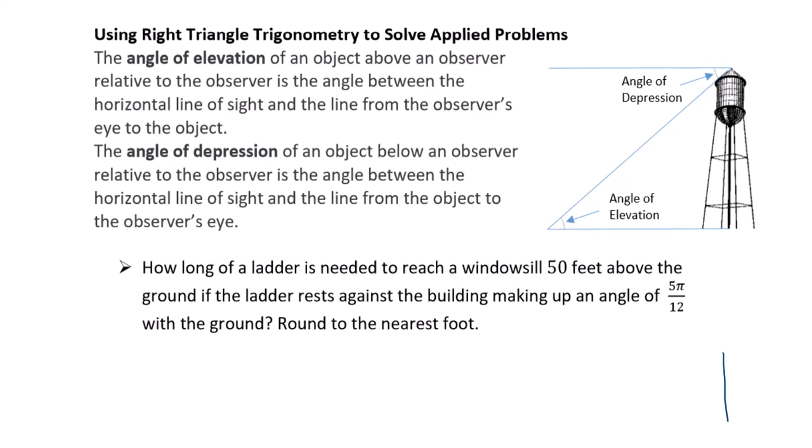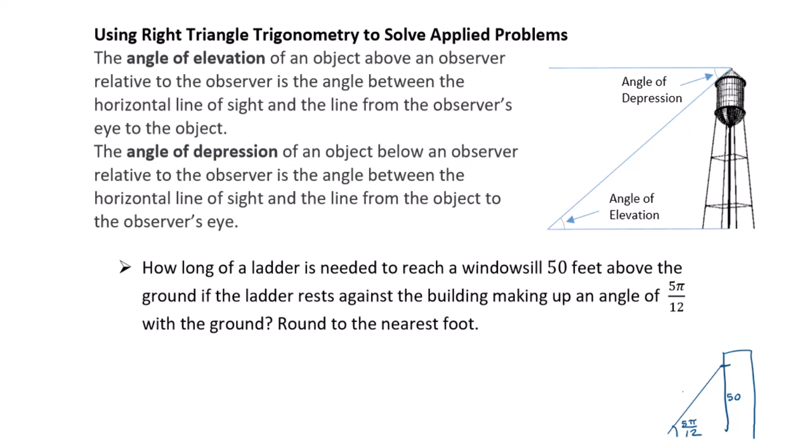So I have some building here, and here's the window, and I have a ladder that is leaning against it. The windowsill is 50 feet above the ground, and this angle of elevation is 5 pi over 12.